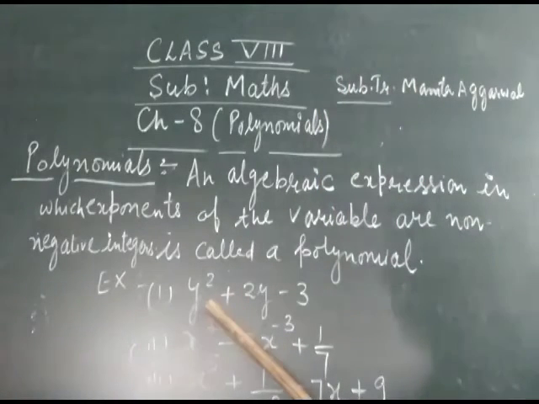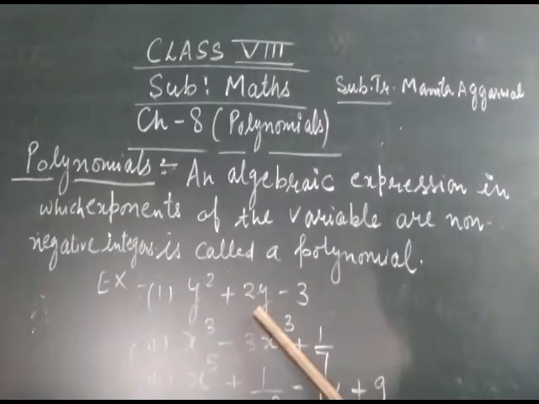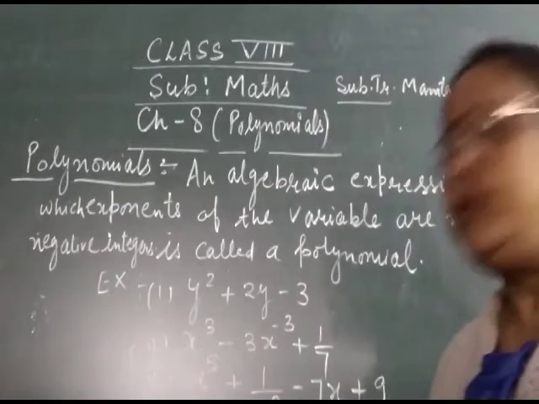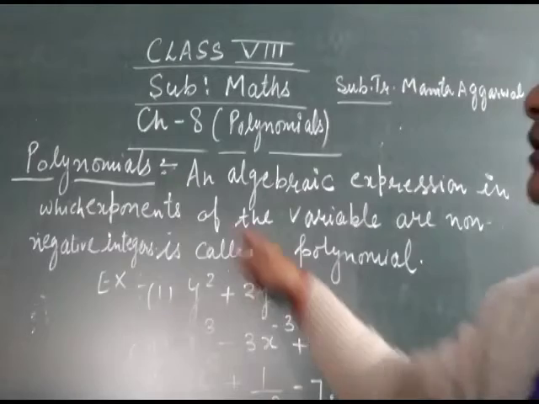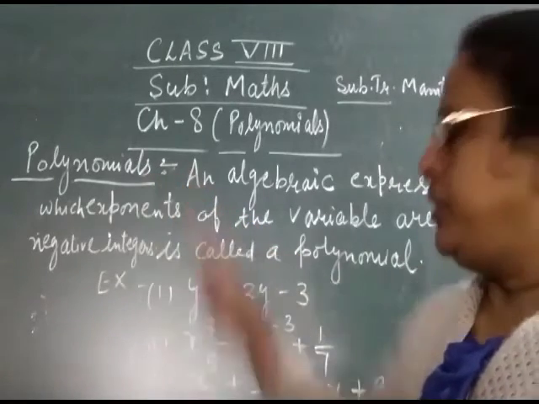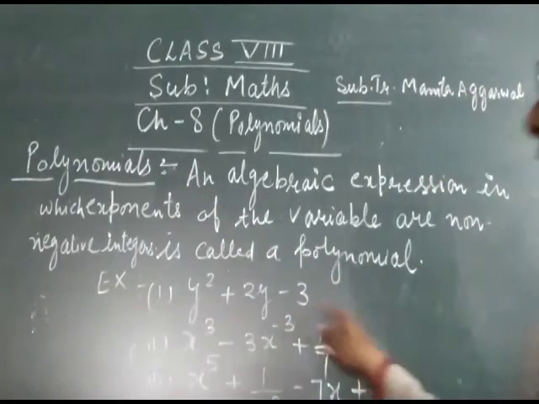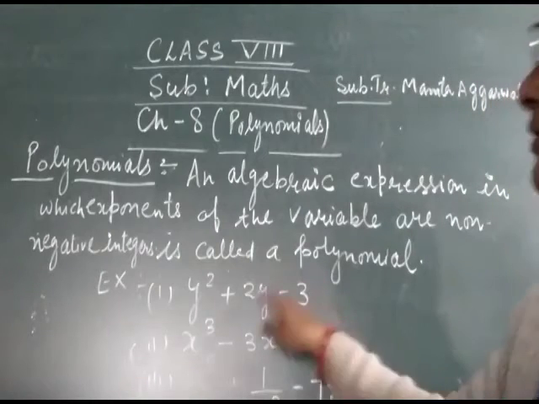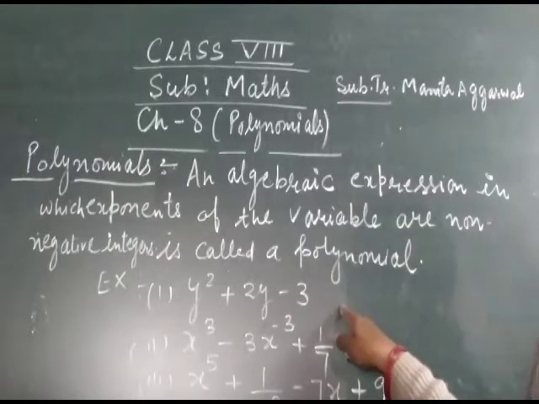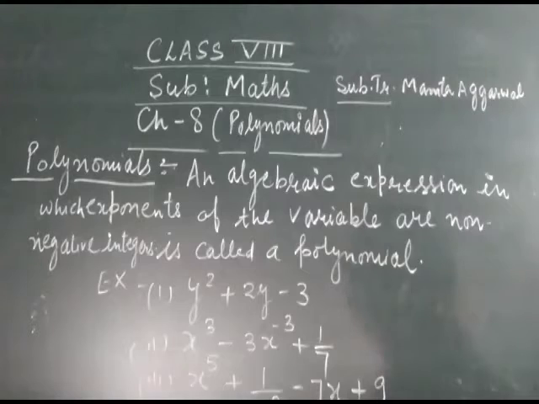Last year in class 7th you learned about y square, 2y, 3x cube, x power 5, 1 upon x square. These are the algebraic terms. But now we are learning about polynomials, in which we write these algebraic terms with addition and subtraction signs. Now first of all, what is a polynomial?